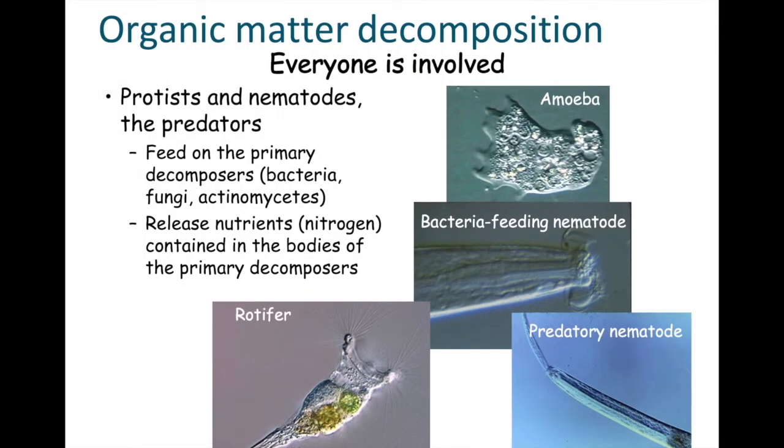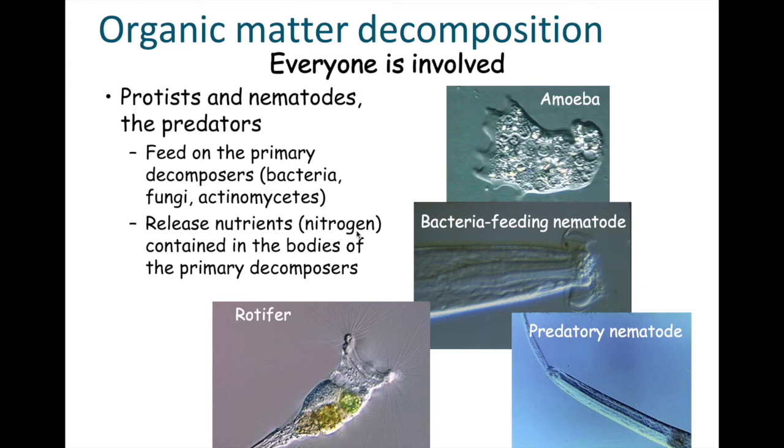Now let's move on with the protists, nematodes, and also the predators. They feed on the primary decomposers such as bacteria, fungi, and also actinomycetes. They release nutrients or nitrogen contained in the bodies of the primary decomposers. So this one will be the nitrogen.